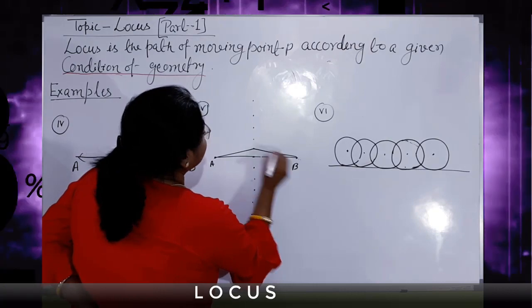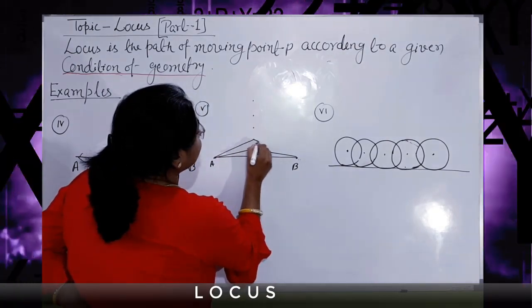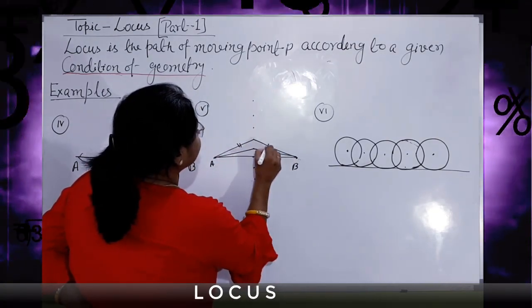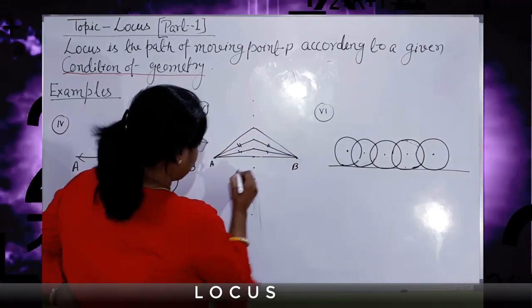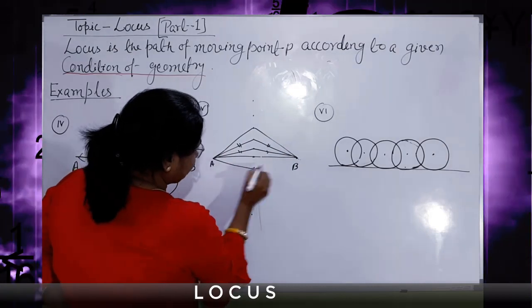First find all those points which are at equal distance from both points.